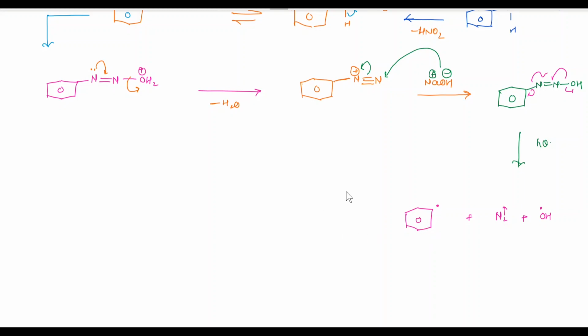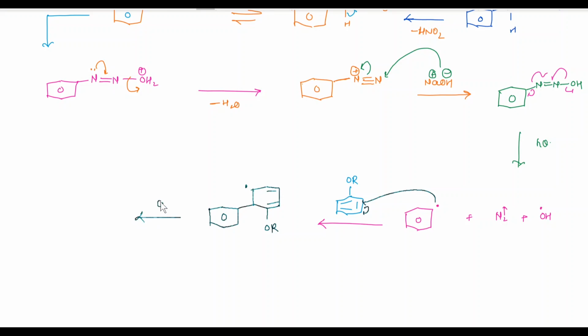phenyl radical. In the next step, the phenyl radical reacts with another given molecule like that. This double bond opens on this carbon, so we get here benzene, here a radical.